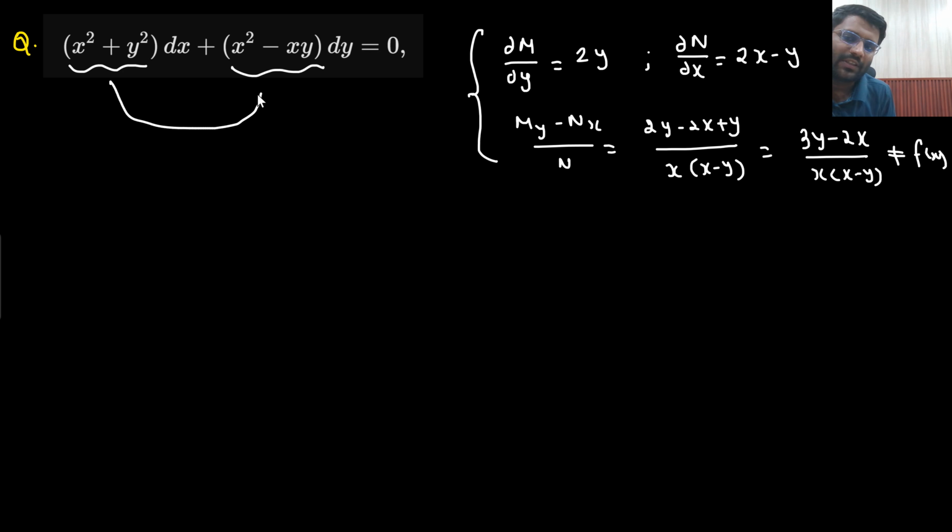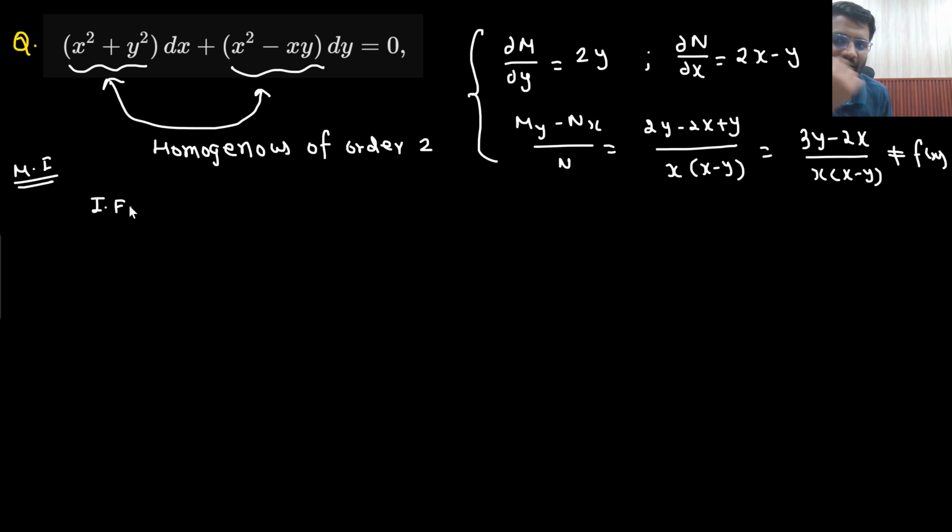Both are homogeneous functions of the same order, order 2. That means what will be my integrating factor? If this is the method I want to use, my integrating factor will be nothing but 1/(Mx + Ny).